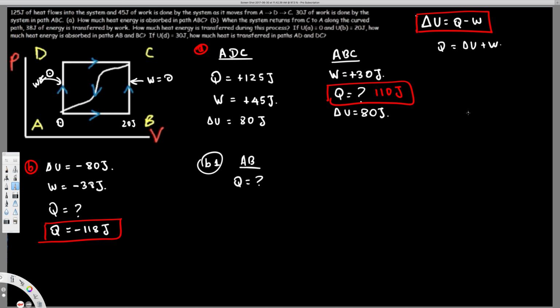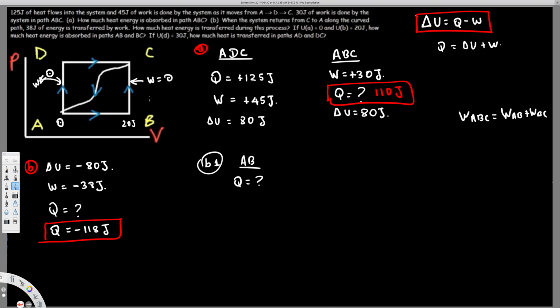So we know that W ABC is going to be equal to WAB plus WBC. This is going to be the equation, because if you add these two works together, that should give us the total work.